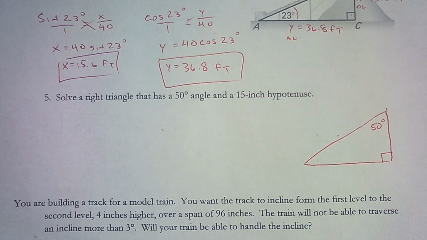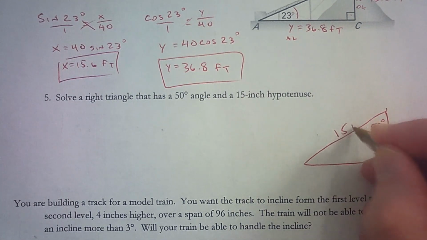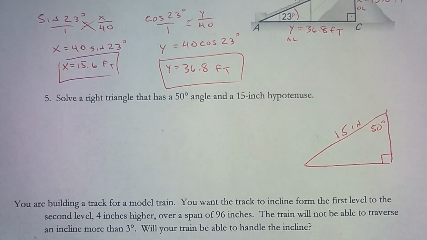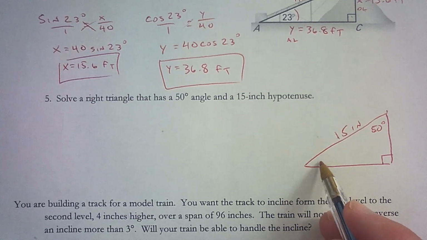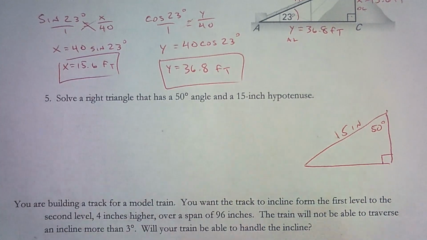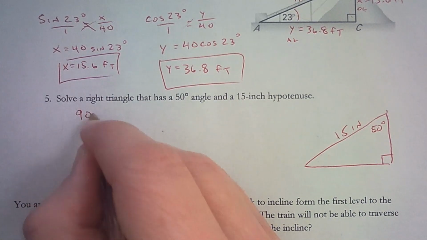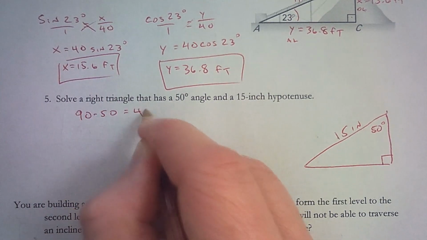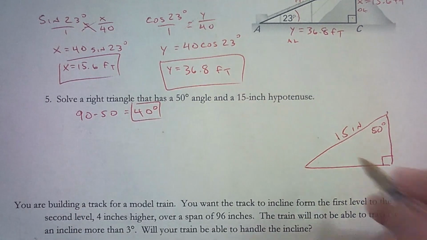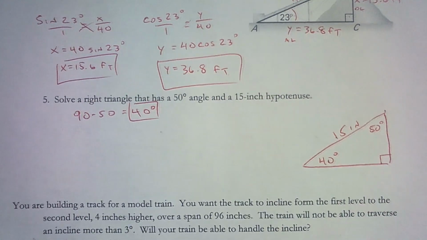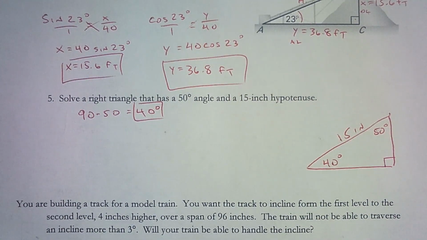So there's my 50-degree angle. And a 15-inch hypotenuse. Okay, so we need this angle measure right here. So we'll do 180 minus 90 minus 50, or just take the shortcut, 90 minus 50, and that is 40 degrees. So this missing angle here is 40 degrees.